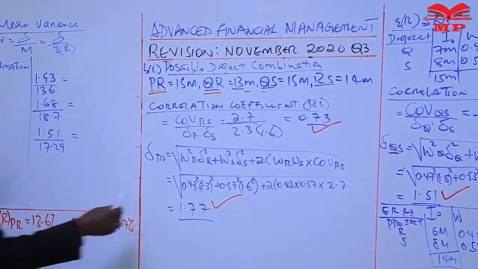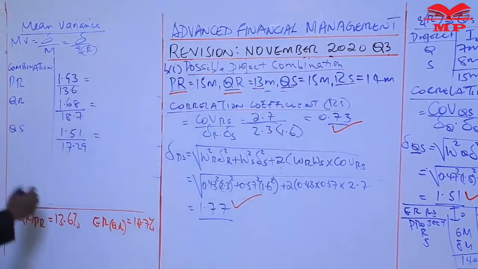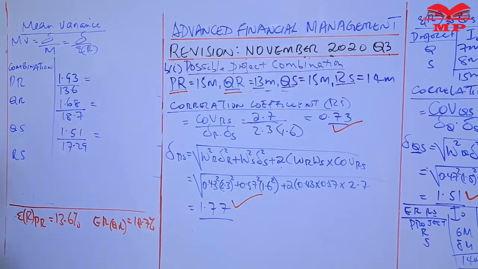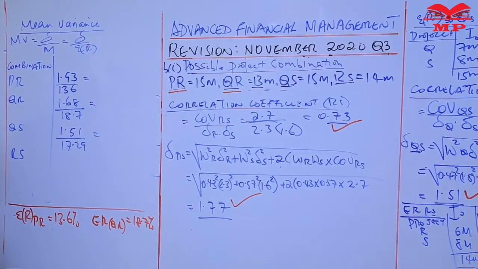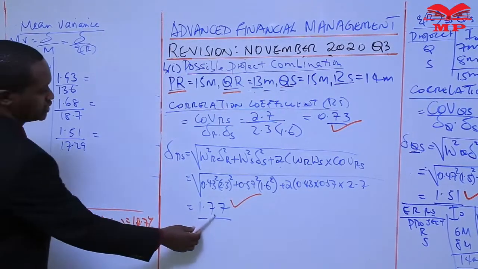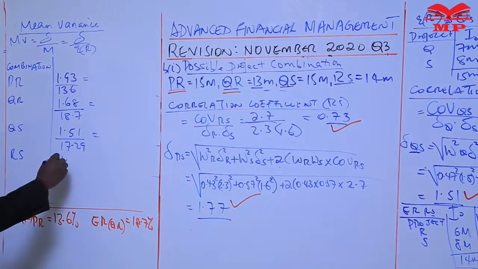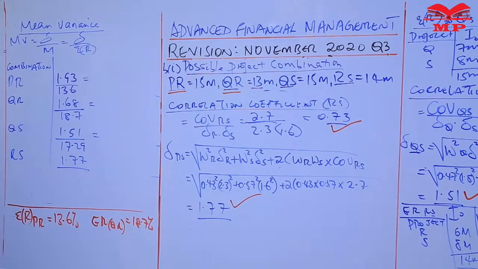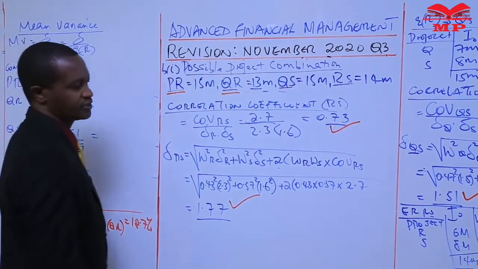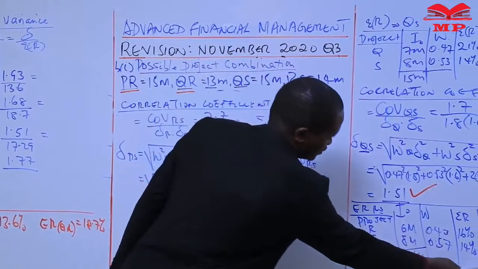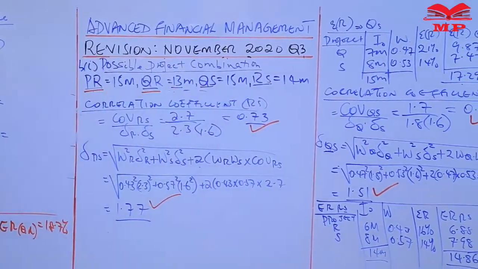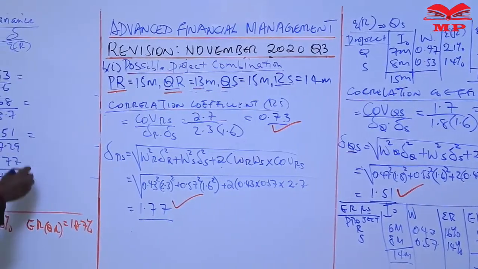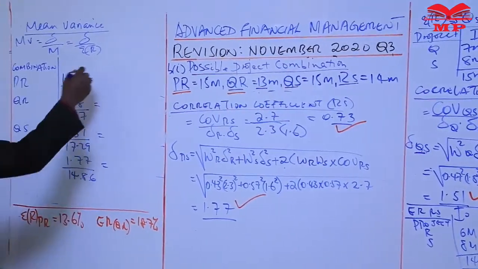Then lastly, combination RS. The standard deviation for combination RS, we have it here, 1.77, divided by the expected return for RS, 14.86. These are the possible combinations.